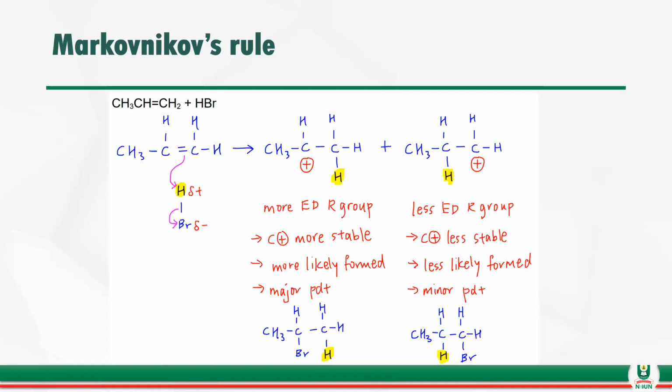There is a rule called Markovnikov's rule. This rule says that when you have an unsymmetrical alkene and there is hydrohalogenation, the hydrogen tends to go to the position where there are more hydrogens.